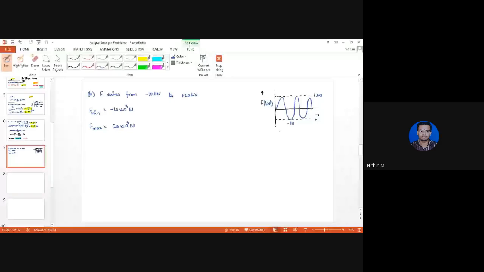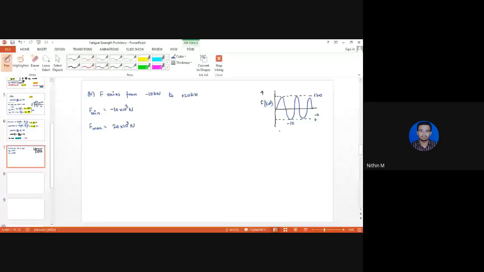So here is one of the most important things that you need to observe. Whenever there is a crack, the compressive stress will try to close the crack, thereby increasing the fatigue strength of the component.